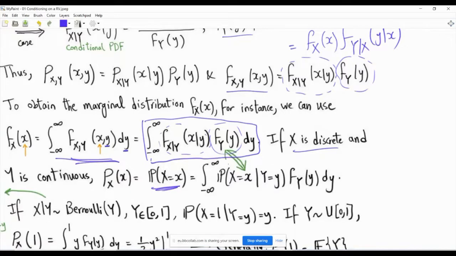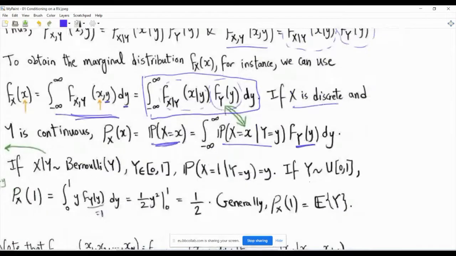Basically this looks like the conditional PDF here, but since big X is a discrete random variable, it is the probability that big X is equal to small x given that you fix random variable Y at the specific value small y, and then you multiply by the PDF of Y and integrate. Okay, so let's take a concrete example.